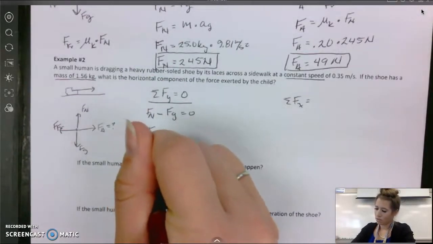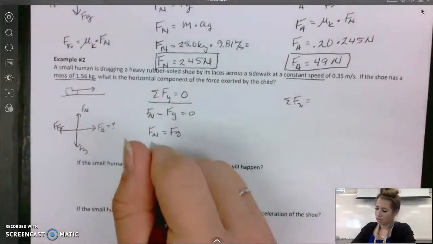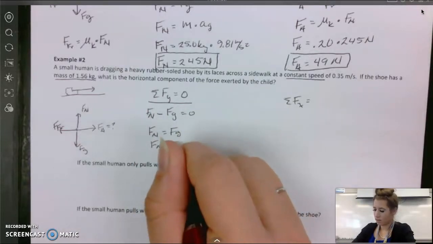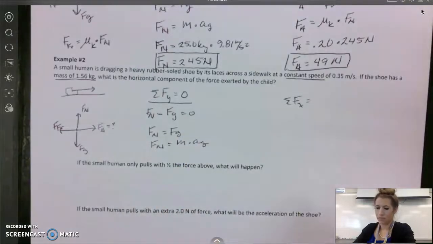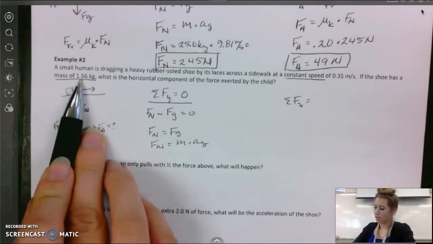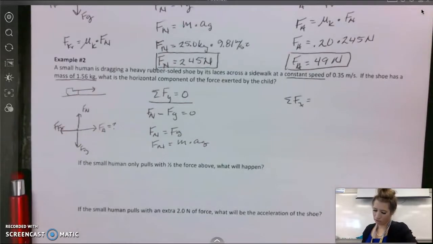So the normal force is equal to the force due to gravity. And we know the force due to gravity is the mass of the object multiplied by acceleration due to gravity. The mass of the object was 1.56, and acceleration due to gravity is 9.81.